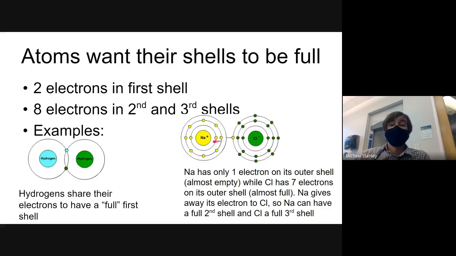That way, the sodium feels like it has a full second shell, and the chlorine gets to feel like it has a full third shell, all because that 1 little electron transferred from the outer shell of the sodium atom into the outer shell of the chlorine atom.